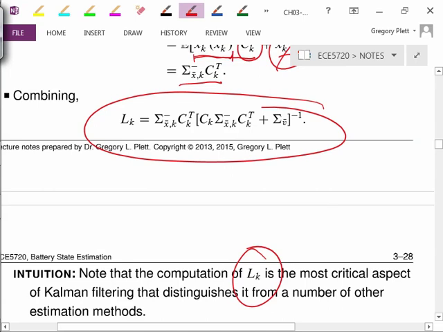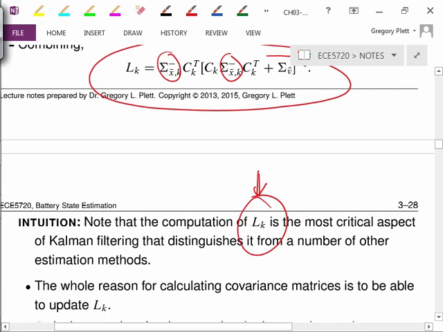The only, well, not the only, but because this computation includes these covariance matrices, that is a requirement which causes us to have steps 1b and 2c that compute covariance matrices. It's nice to have the covariance matrices because they give us error bounds on our estimate, but we don't have to compute them if we don't want a Kalman filter, and we need them because we want this time-varying gain L that's optimal.